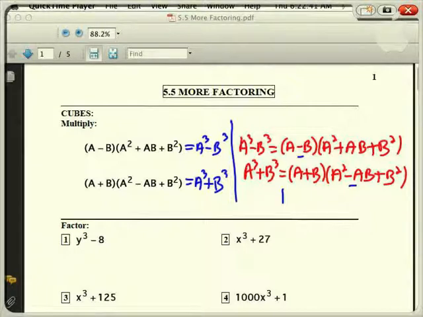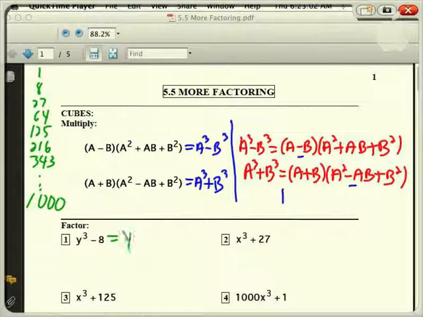You got to remember your cubes. Let's get them down first. 1, 8, 27, 64, 125, 216, 343, that's 7 cubed. Skip a few, 1,000. Well, anyway, y cubed minus 8 is y cubed minus 2 cubed.